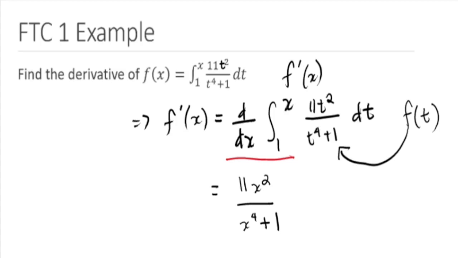So, sana na-realize nyo na technically, ang nangyayari lang dito is that yung variable, in this case, t, ay pinapalitan natin ng x. And that is simply because derivative or differentiation and anti-differentiation are inverse processes.